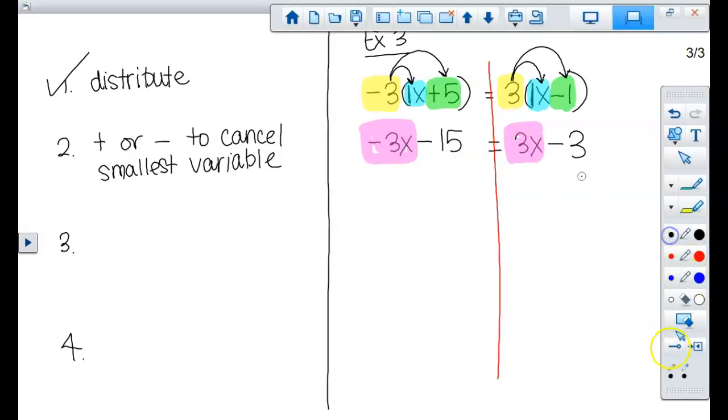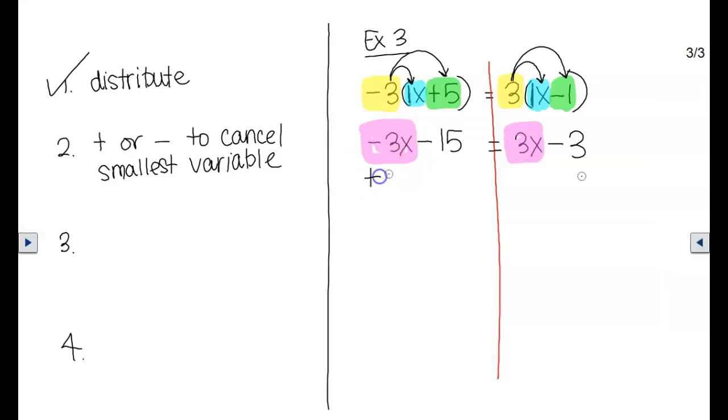Who is smaller, negative 3 or positive 3? The answer is negative 3x is smaller. And since I have minus 3x, I will do the opposite of plus 3x to cancel that out. So plus 3x on both sides is what I need to do to cancel out that smallest variable of minus 3x.